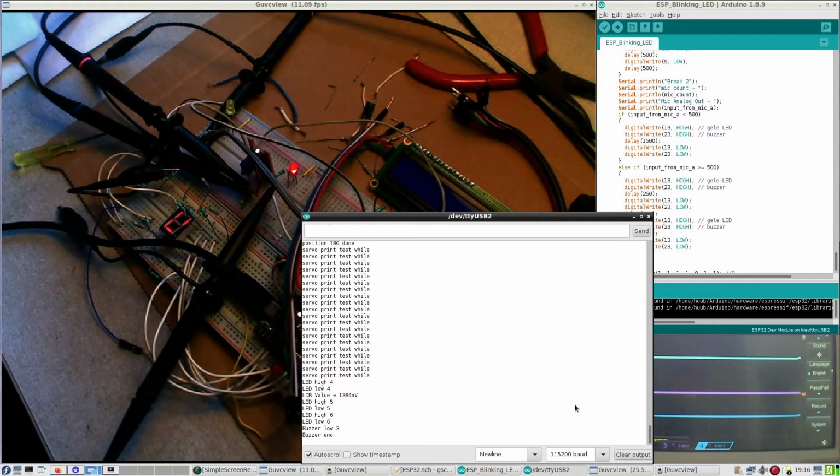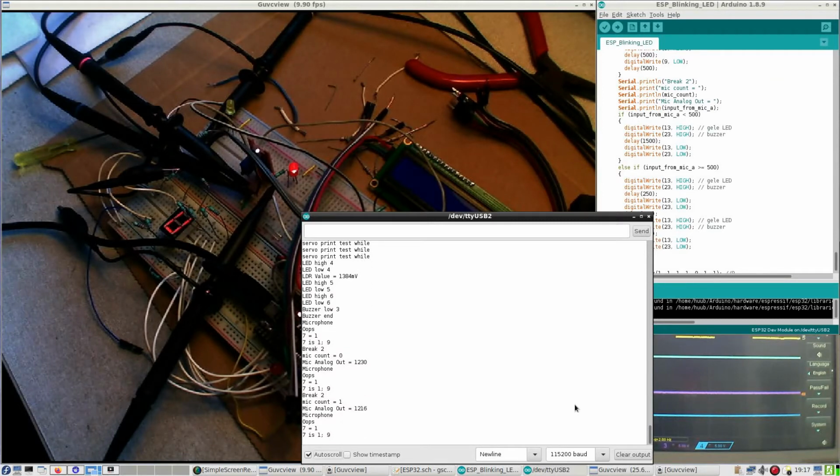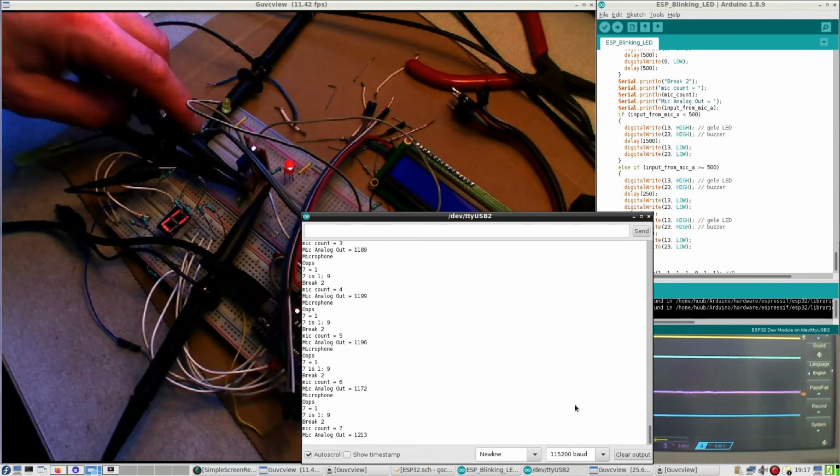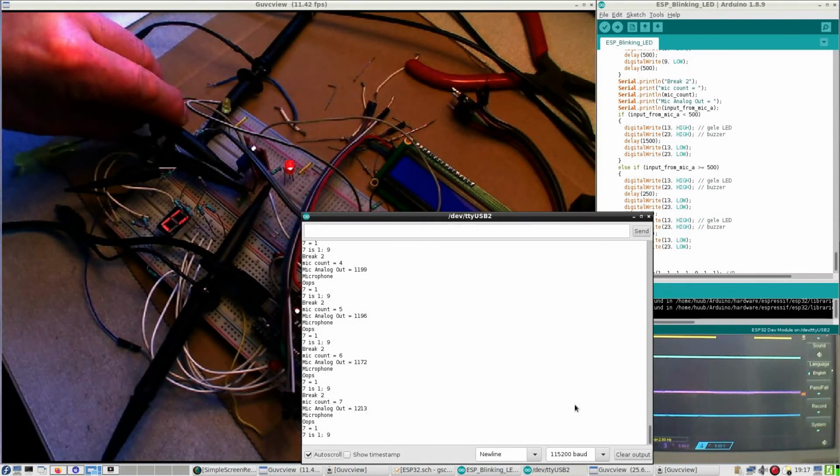But reading the terminal, it says 1230, 1216. So why is there output while there is no output? Or is this probe wrong?